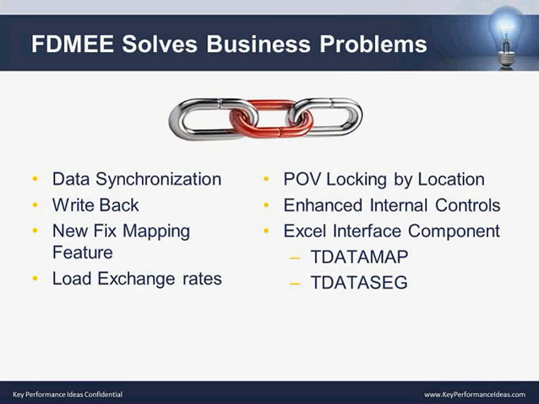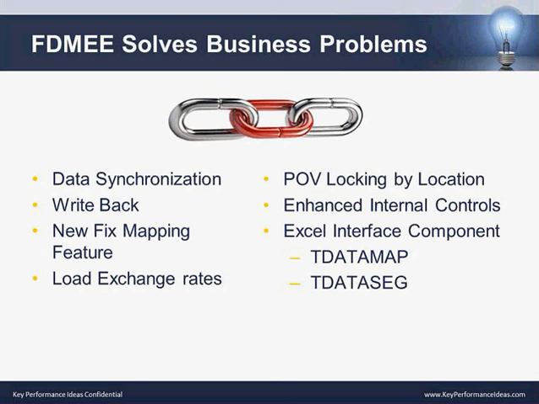do. There are lots of enhanced internal controls in the reports that we talked about earlier, and one thing I wanted to mention here is the Excel interface component. This actually helps with the migration as well, but I want to give you a couple of tables to look at. TData Map holds all of your mappings globally across the application. You can look at them by location, which is called a POV partition ID.